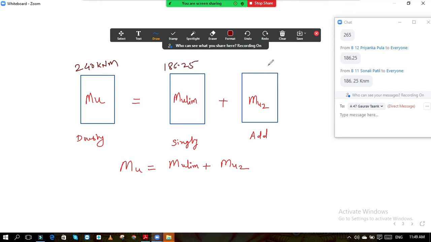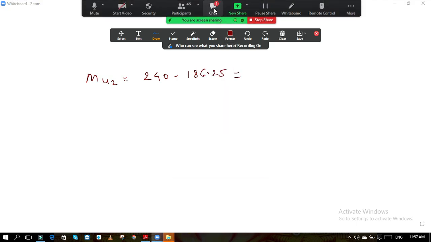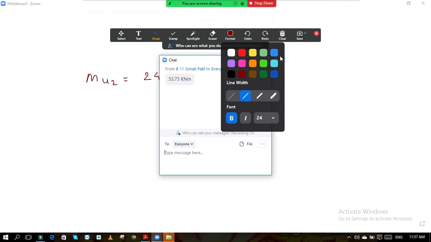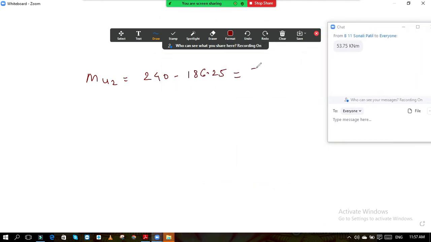Do it. 240 minus 186.25. So Mu2 will be 240 minus 186.25. What is the answer? 53.75 kilonewton meter. So this is the bending moment of additional section.